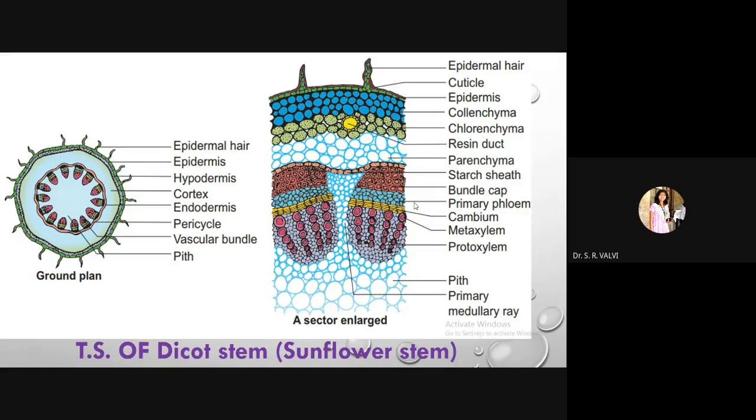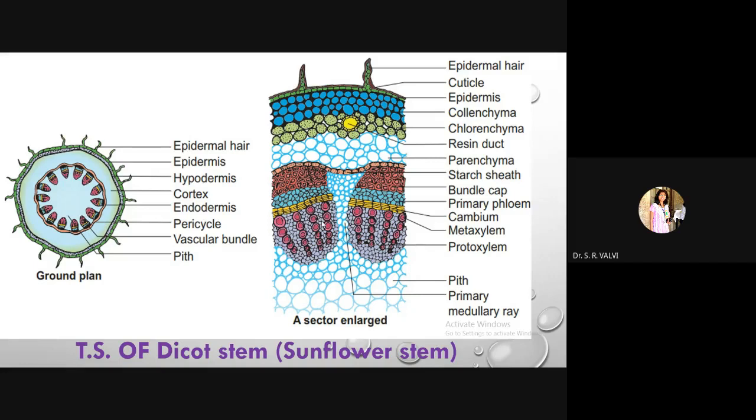M stands for metaxylem, P for periphery, then PC, protoxylem towards center. MPPC, the type of xylem is endarch. Now in case of root, what we observed was exarch type, MCPP. Here MPPC type of xylem is present in a dicot stem.